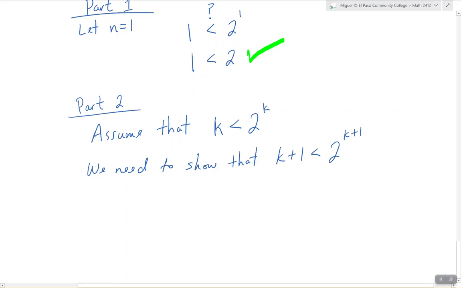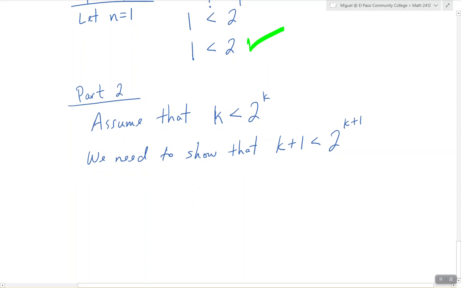So we're going to have to play with the exponent a little bit, similar to what we did in the other one. Let's do this in pink. Let's remember that an expression such as 2 to the n plus 1 is equal to, if I factor out a 2, 2 times 2 to the n.